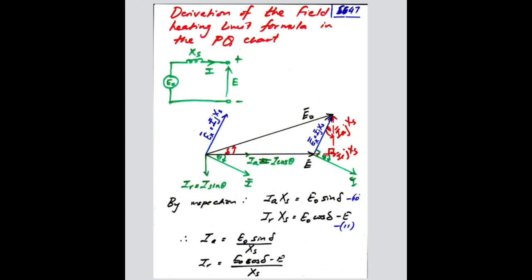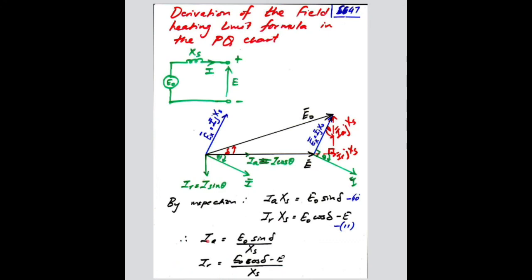And if you want this small part here, you will take E naught cos delta, that will give you the whole part here up to here. That's E naught cos delta. And if you subtract E, which is this part here from here to here, then you will get only this part. So that's E naught cos delta minus E.